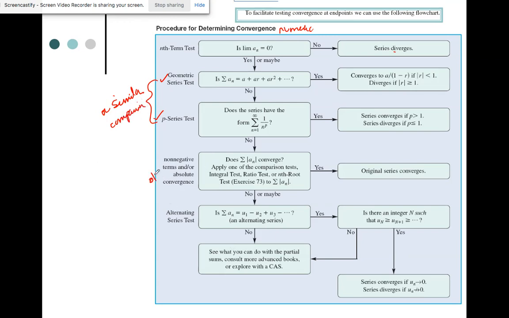These are the others that I talked about, right? The integral test, the ratio test for numeric series, the nth root test. These are not as common as these ones: the nth term for divergence, then geometric and p-series, and this one.